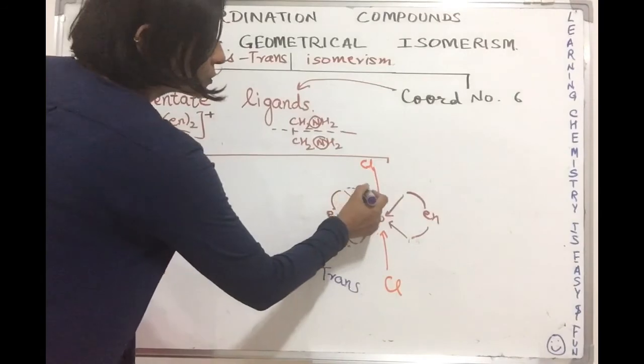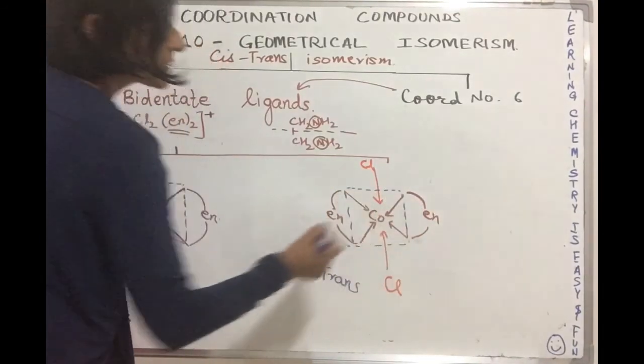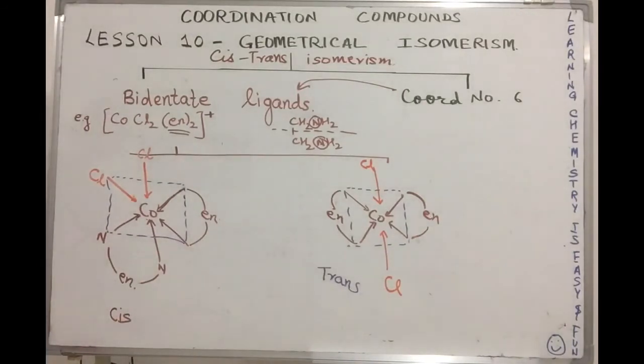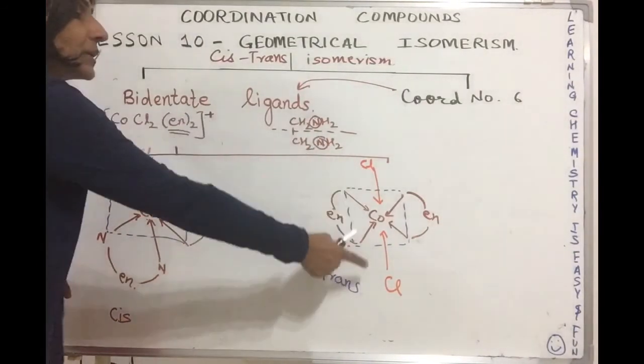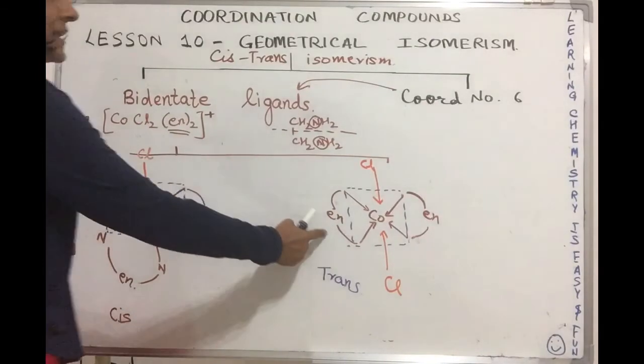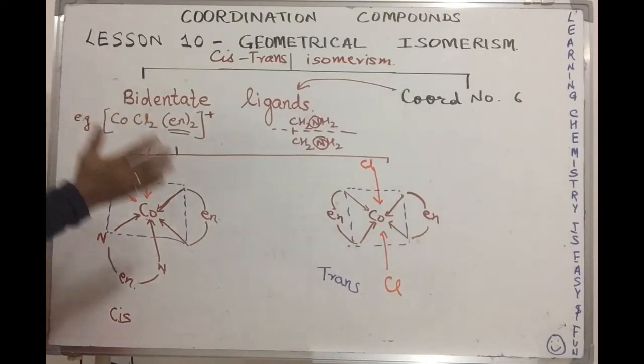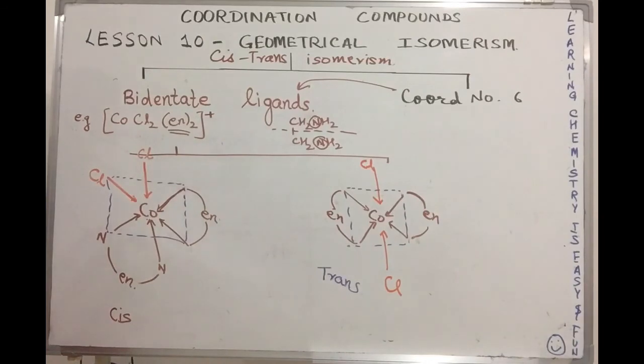There we go. We've got the octahedral structure in place. The two chlorine are opposite to each other. The two bidentate ligands are opposite to each other. And that gives us the trans form of this compound. So we've got geometrical isomerism, coordination number 4, coordination number 6.